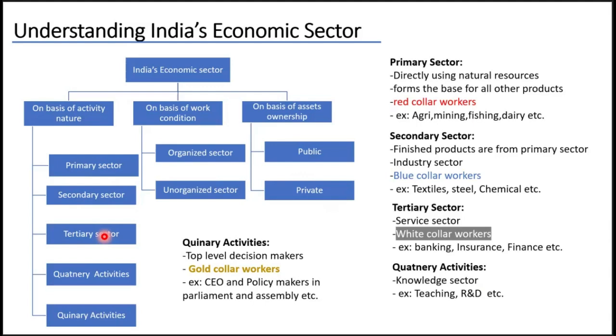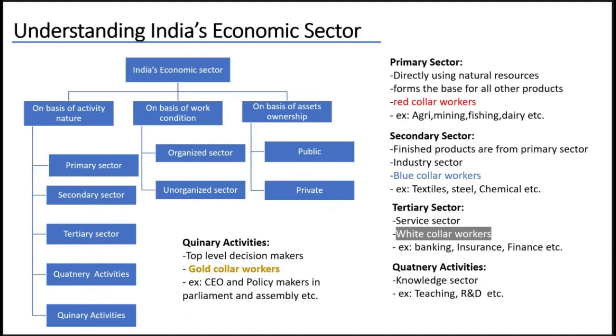Coming to the next sector is quaternary sector or quaternary activities. This sector is also called the knowledge sector. Teaching and research and development are part of this sector. And the final sector is about quinary activities or quinary sector.